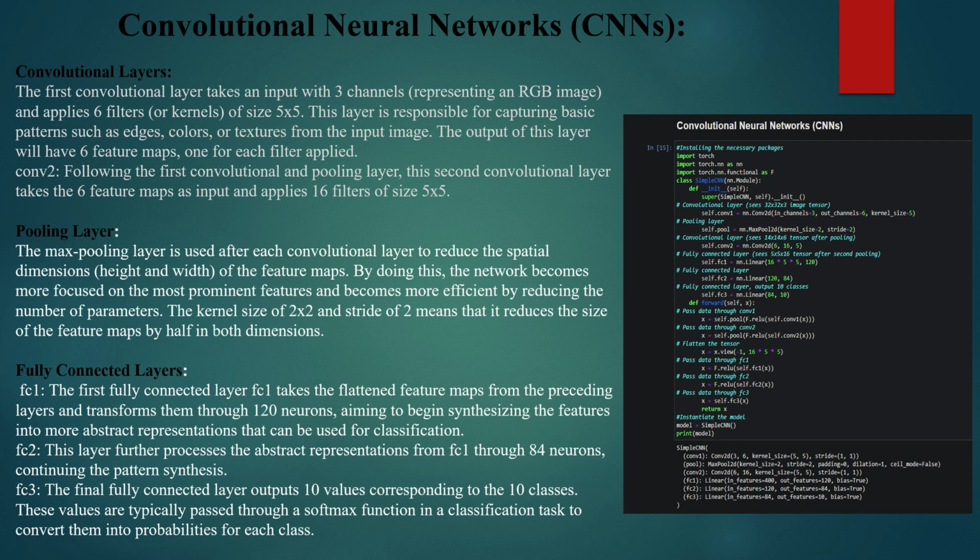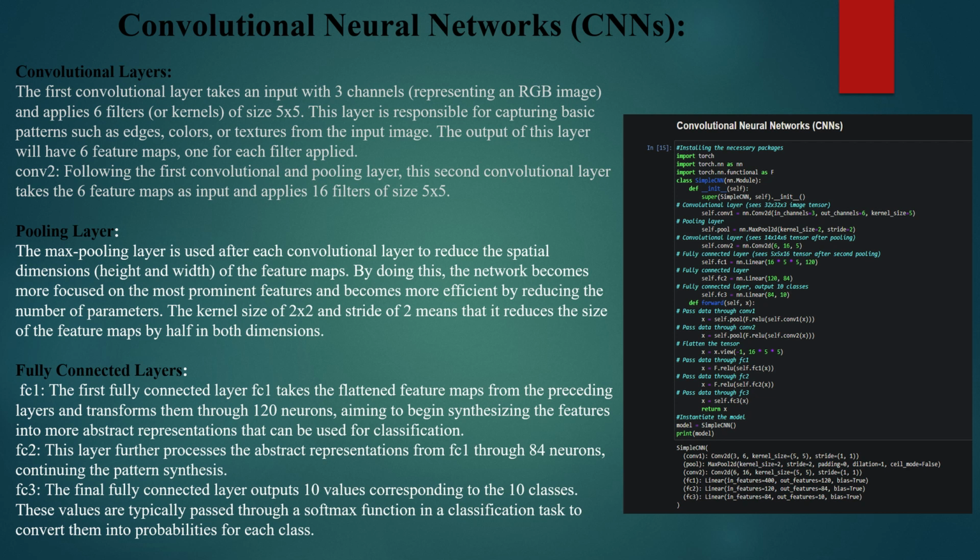The first convolutional layer takes an input with three channels, a 32 cross 32 RGB image, which produces 6 output channels using a 5 cross 5 kernel. The second convolutional layer further processes the data with 6 input channels and increases the depth to 16 output channels, again using a 5 cross 5 kernel. A max pooling layer is also defined with a 2 cross 2 kernel and a stride of 2, which is applied after each convolutional layer.